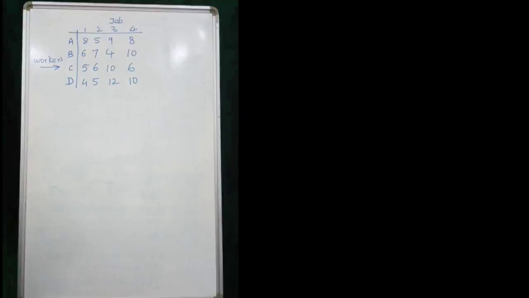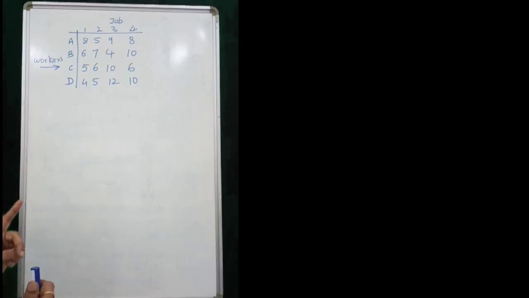Hello friends, in this video we are going to see a profit matrix, or a maximization problem, and the problem goes like this. There are 4 workers and there are 4 jobs.